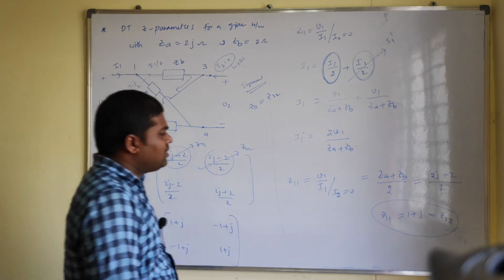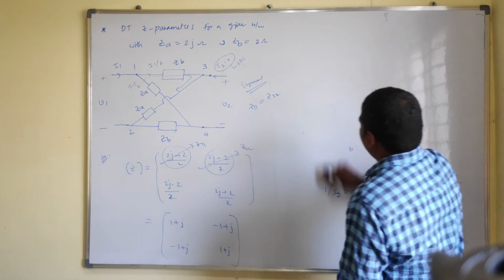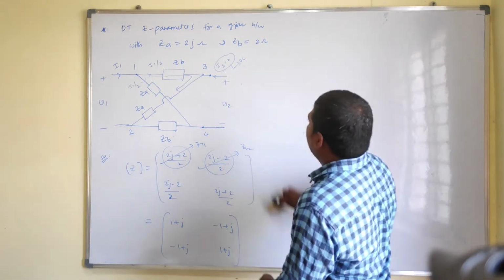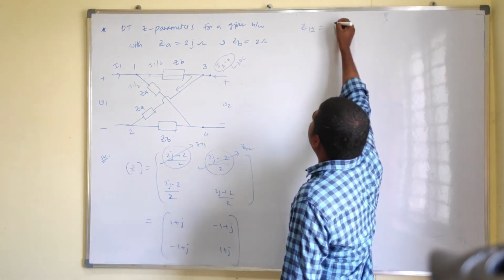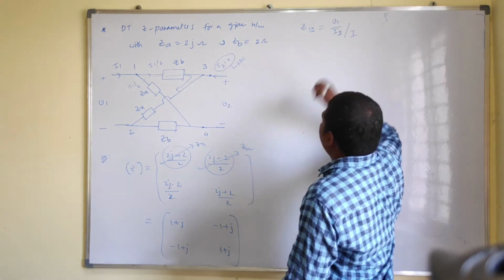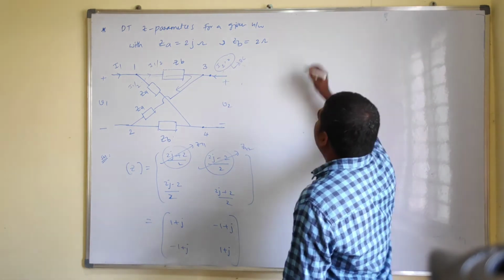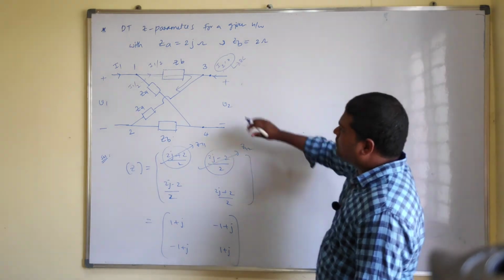And the second one is Z12. Here Z12 equals V1 by I2. Otherwise, observe this one.